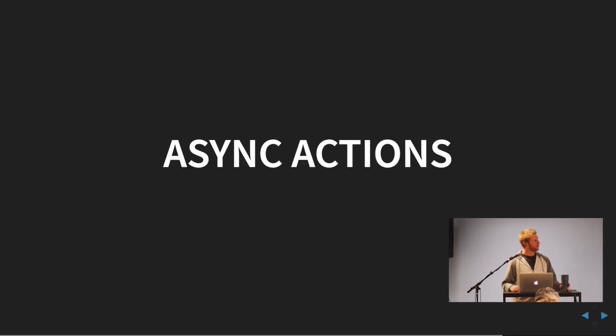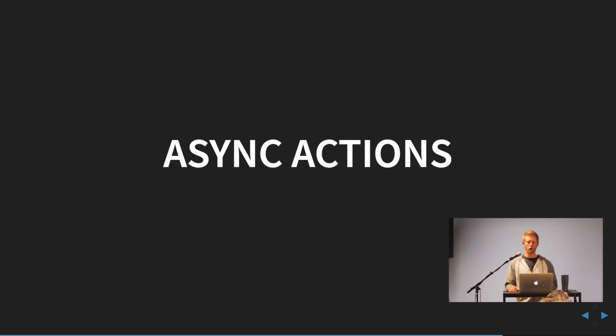So I wanted to come back to async actions, because this is one of the advanced topics, I think, that comes up, and it comes up pretty soon. So we've been talking about the synchronous process of moving from state to state, but we have to deal with asynchronous processes. If we make a request to an API, that's a side effect, right?